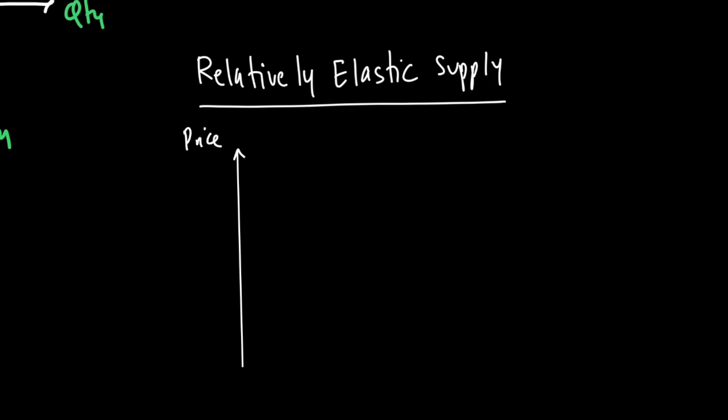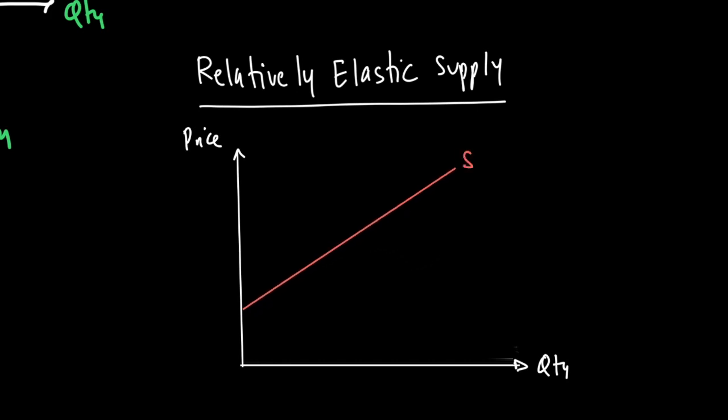If it's a linear supply curve and it's relatively elastic, then it must come from the price axis. Which means that the percentage change in quantity supplied will be greater than the percentage change in price, and that's exactly why your PES is greater than 1.